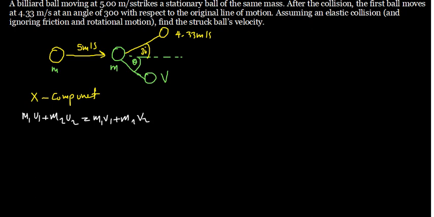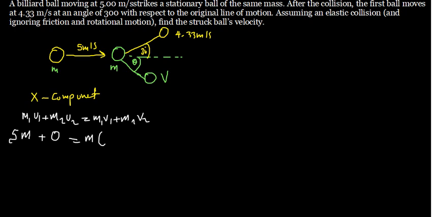The masses are the same, so I'll just say m. Now u is 5 for the first ball, and then plus m2 times 0, and that will be equal to m.